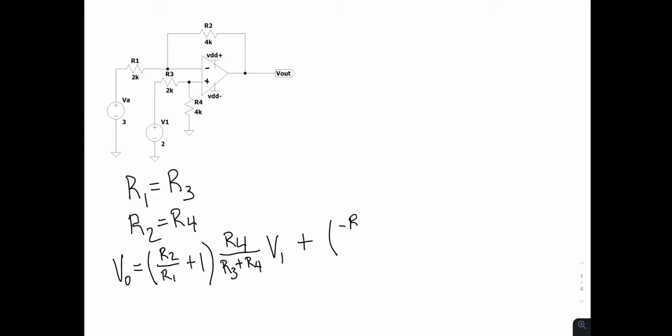So when you're solving, you're going to have Vout is going to be equal to R2 over R1 plus 1 times R4 over R3 plus R4 using the voltage divider times V1 plus negative R2 over R1 times VA.